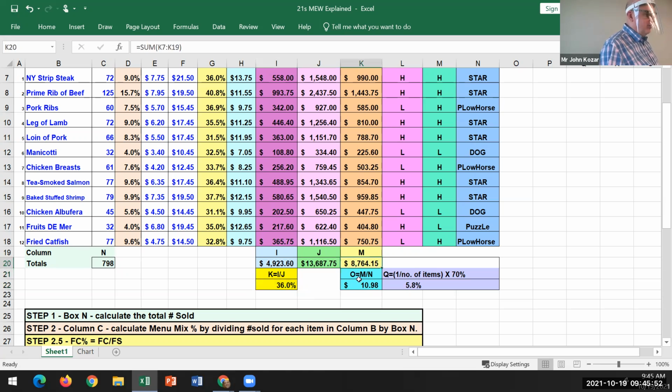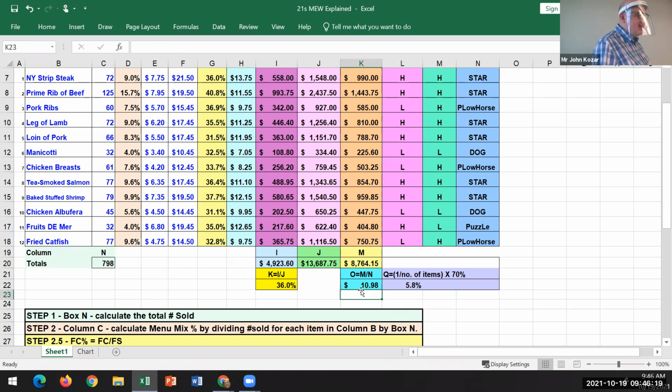And over here, in box O, we've got our total contribution margin for the menu divided by box N. This is where people will get confused. Box N over here is the total number of plates sold.